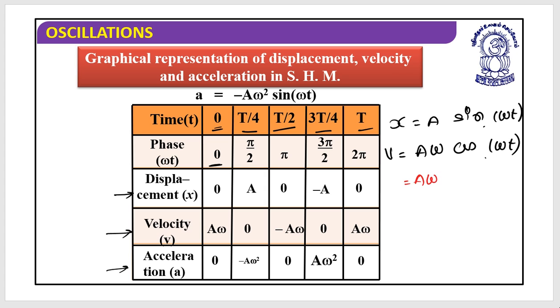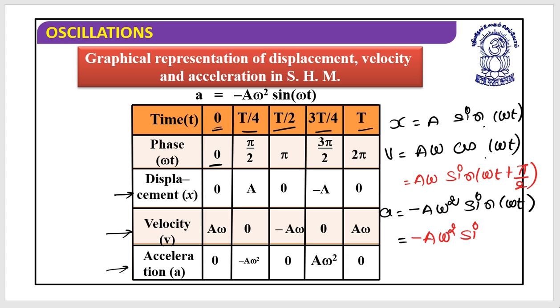So let's convert this into a omega sine omega t plus pi by 2. In the same way, my acceleration was minus a omega square sine omega t, which could be written as a omega square sine omega t plus pi, because it's a minus over here.